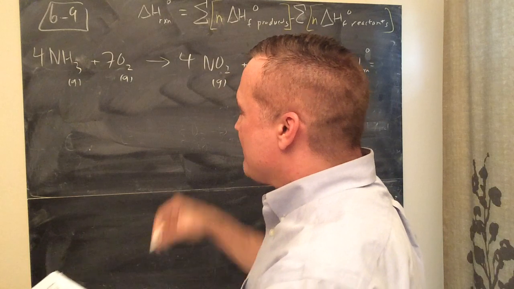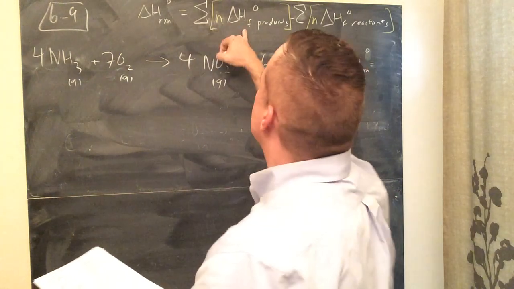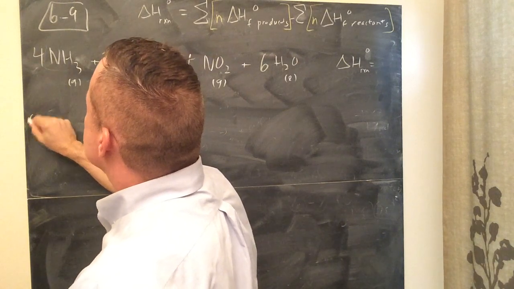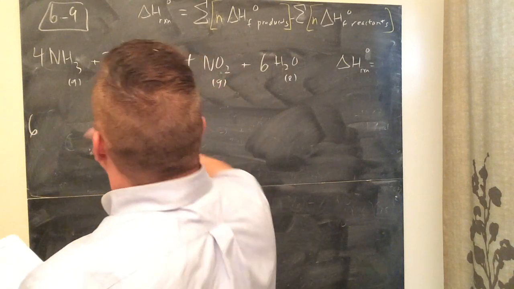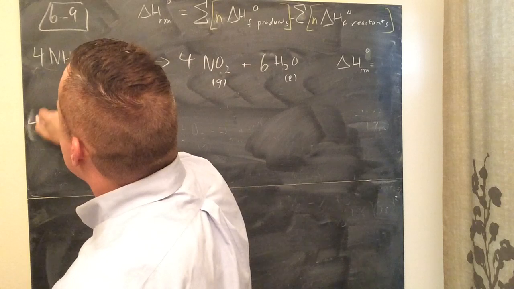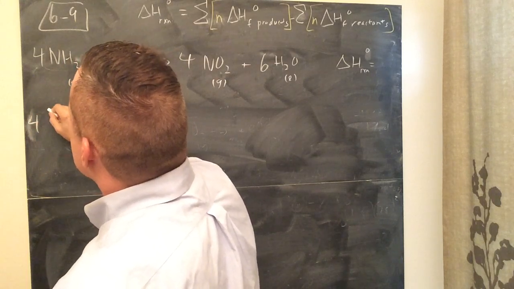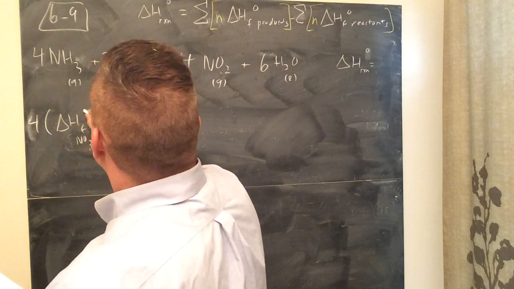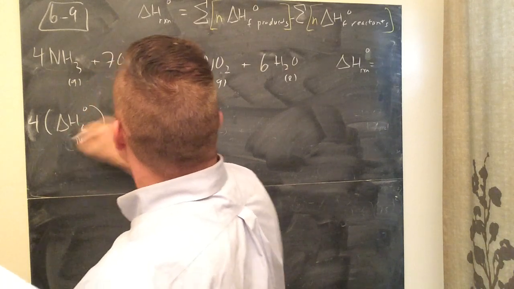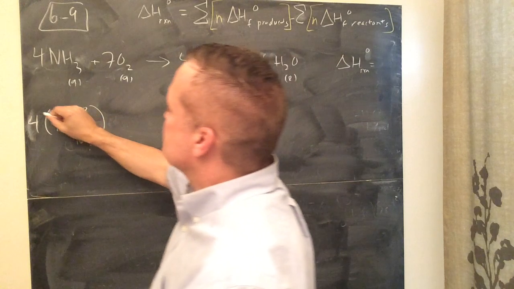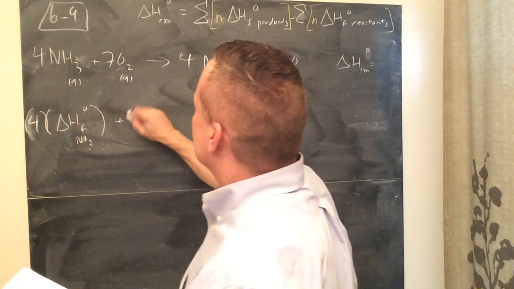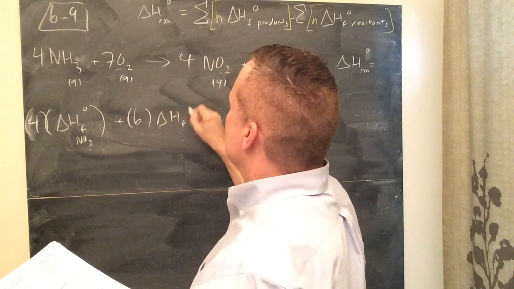Very important. So I'm going to make an equation. It's always products minus reactants. So for my products, I'm going to start off with 6 H2O. No, 4 NO2, sorry. 4 times the delta H of formation of NO2 standard. That's the first thing I'm going to do. 4 times NO2 standard plus 6 times the delta H of formation standard of water.